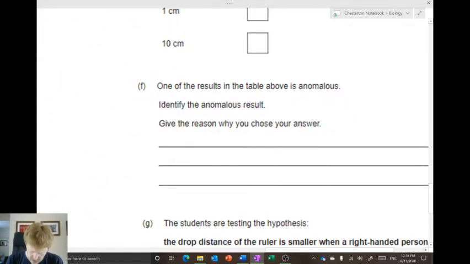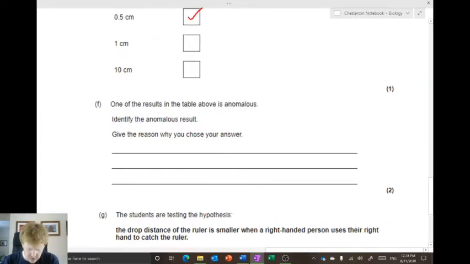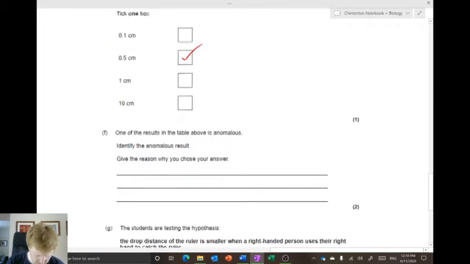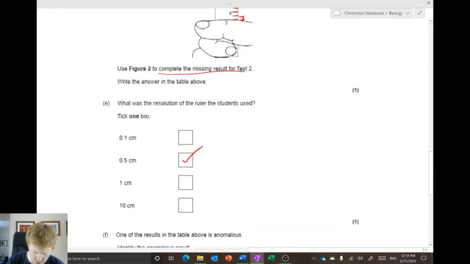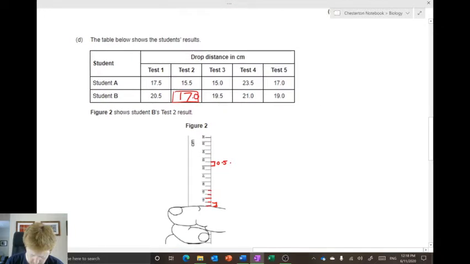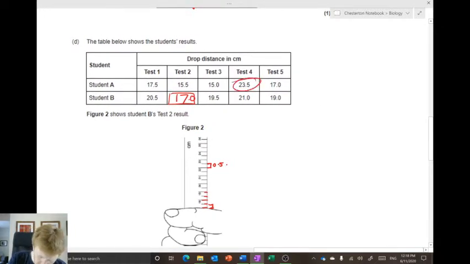Okay. So let's have a look at this. One of the results in the table is anomalous. Identify the anomalous result. Give the reason why you chose your answer. Okay, so let's have a look at this table and let's pick the anomaly. All right, look at this bad boy. It's sticking out like a sore thumb right there.